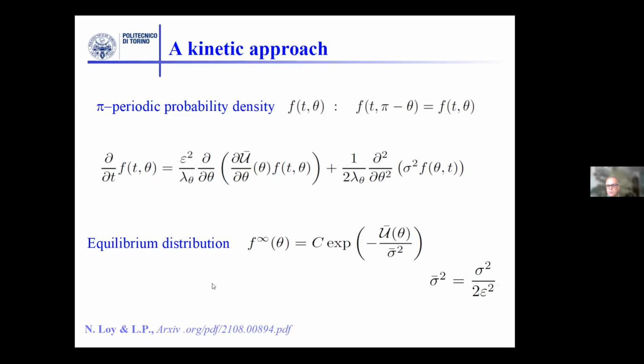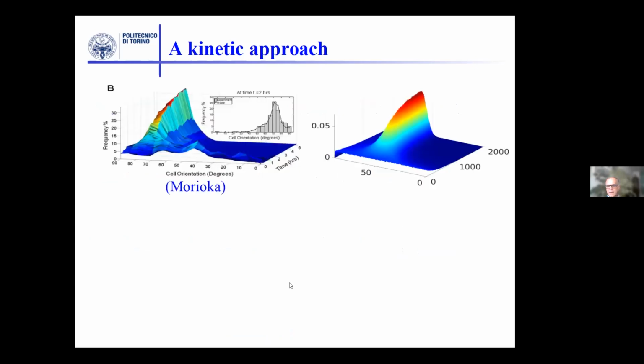But the most important thing that I want to show you is that this sigma bar at the denominator has a contribution of epsilon, the strain, so that immediately, if you increase the applied strain, this decreases. So you have a peaking of the distribution like in the graph. This is a result of the evolution in time of our orientation compared with the experimental one.